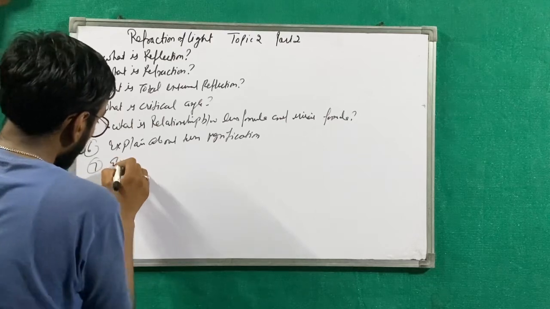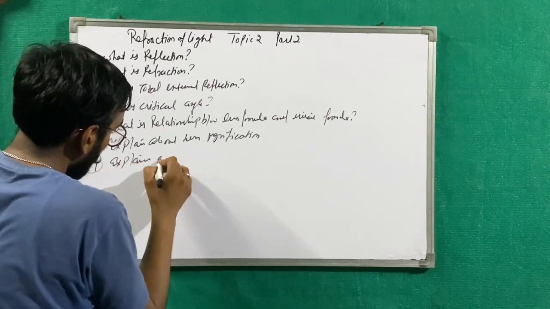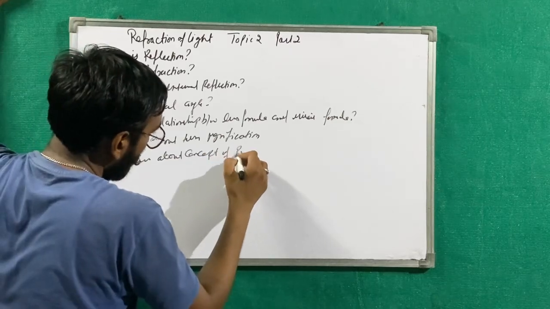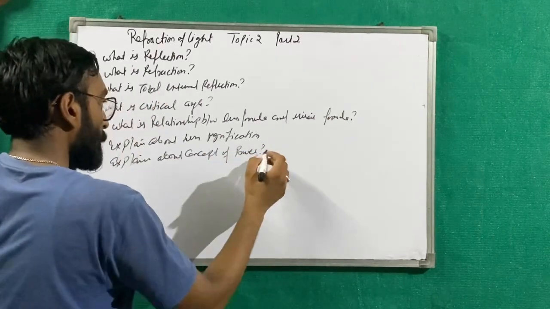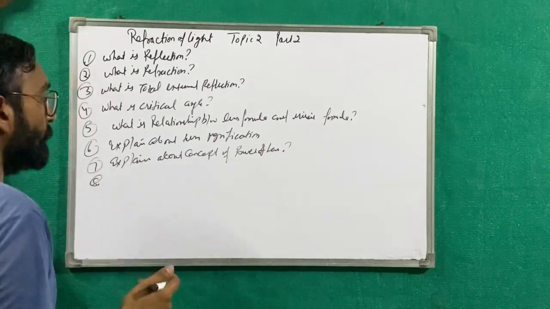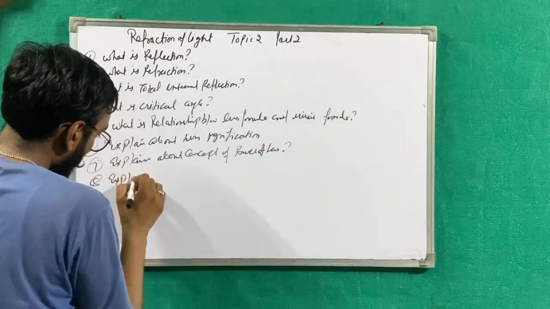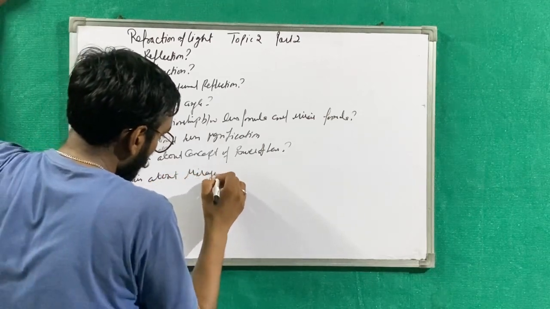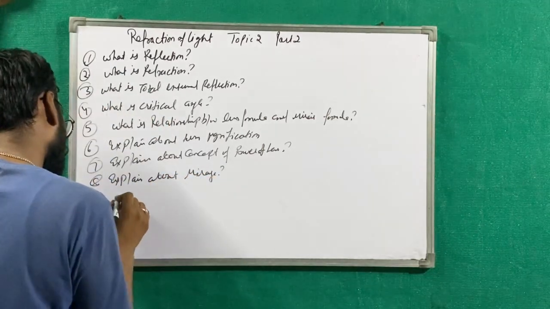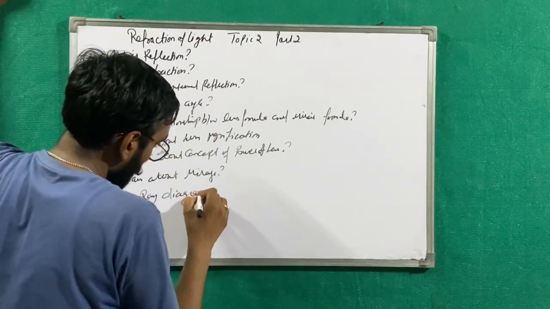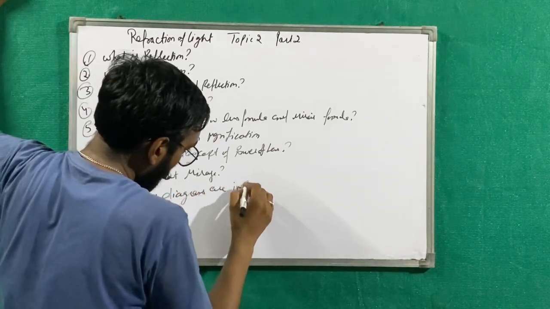Seventh, explain the concept of power of lens. Eighth is going to be explain about mirage. Why ray diagrams are important.